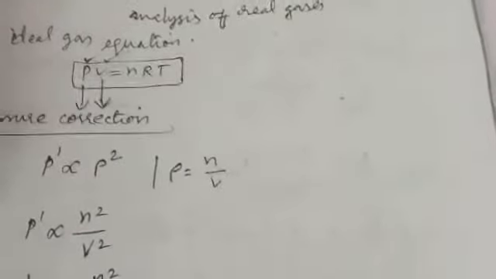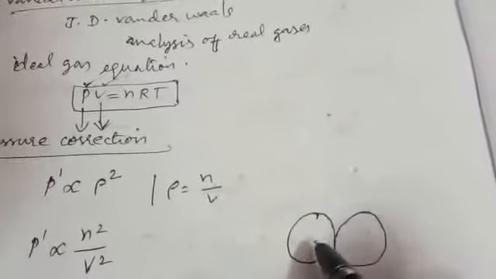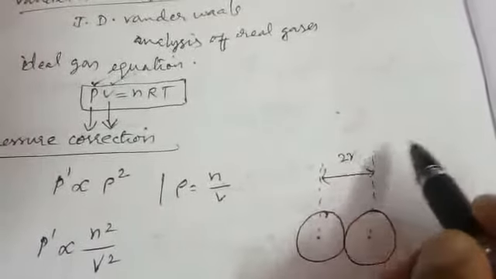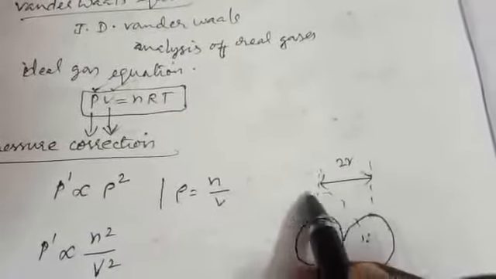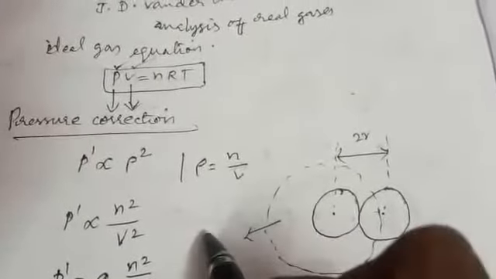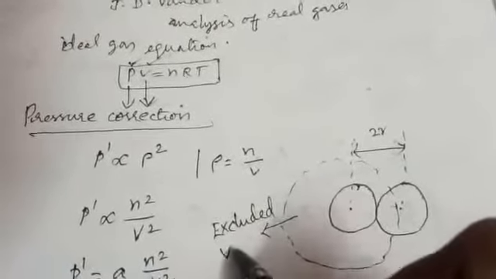Volume correction. Every individual molecule of the gas occupies some volume. Taking one molecule, the distance of closest approach is the center-to-center distance, 2r. That occupied volume is called the excluded volume.